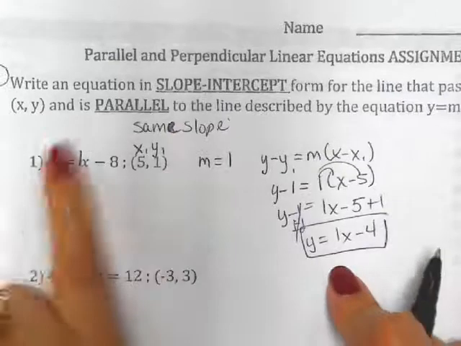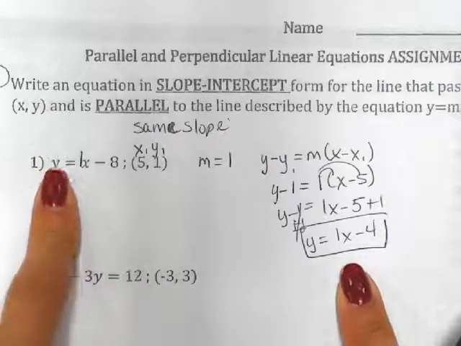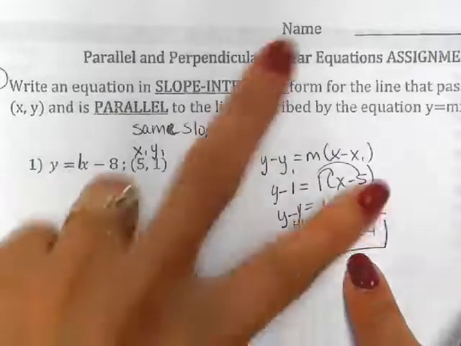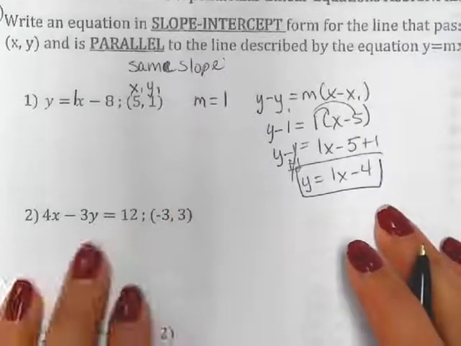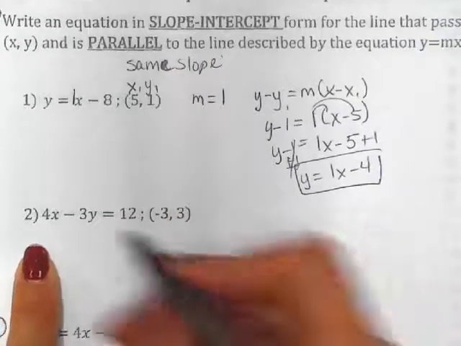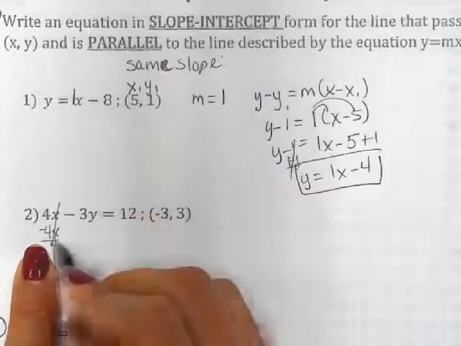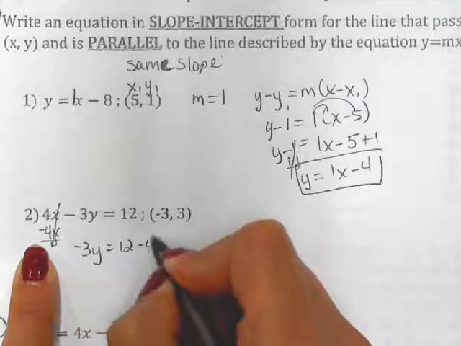You can graph this line and graph this line to check your answer and see that they would not intersect because they're parallel. They would look parallel. Careful on number 2, you're going to do the same thing, but you first have to solve for y. So minus 4x, what you do to one side, do to the other, so it's negative 3y equals 12 minus 4x.